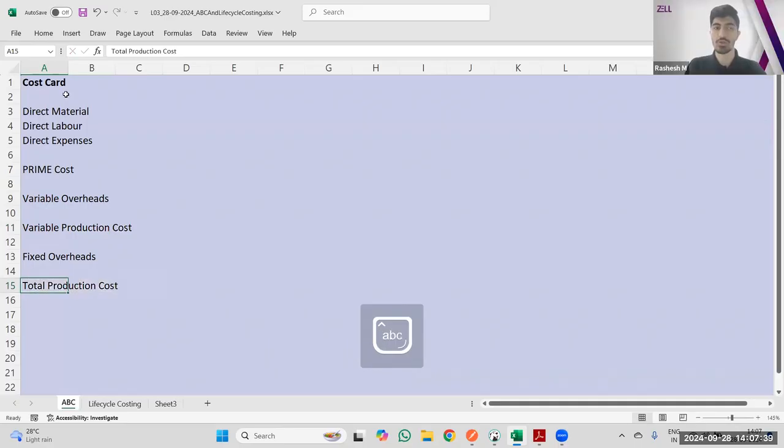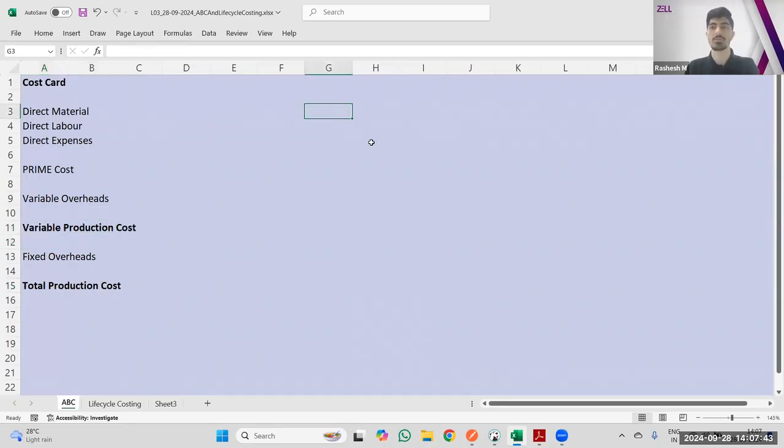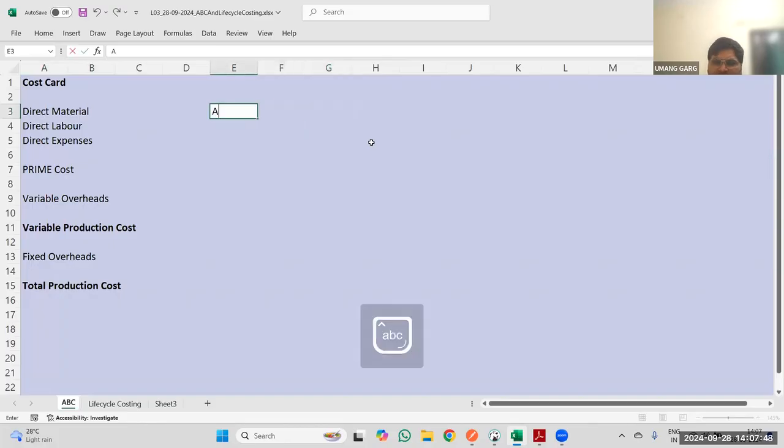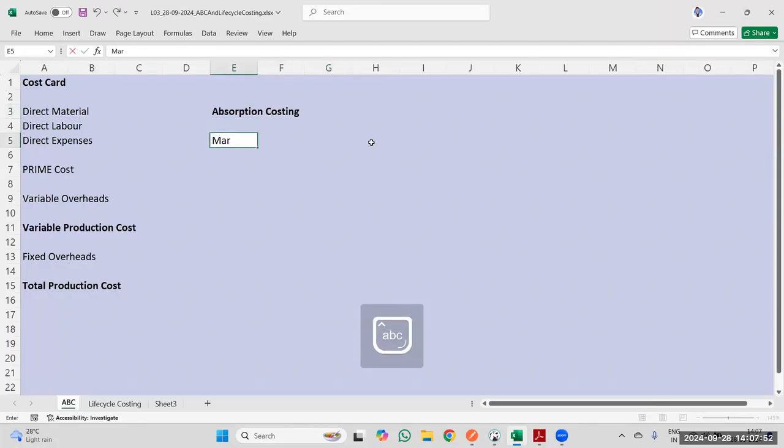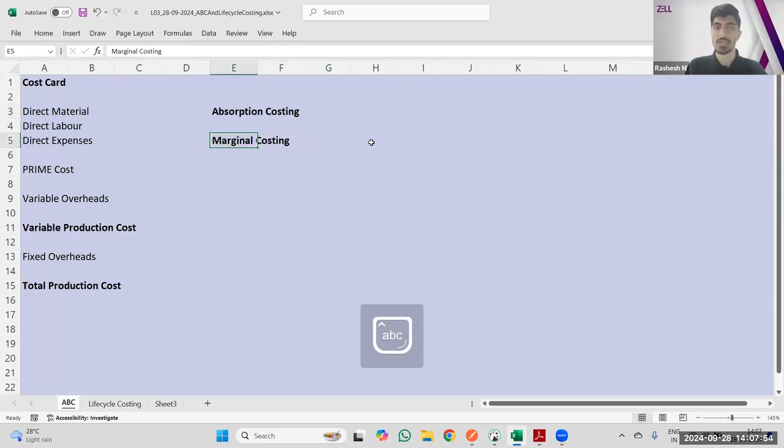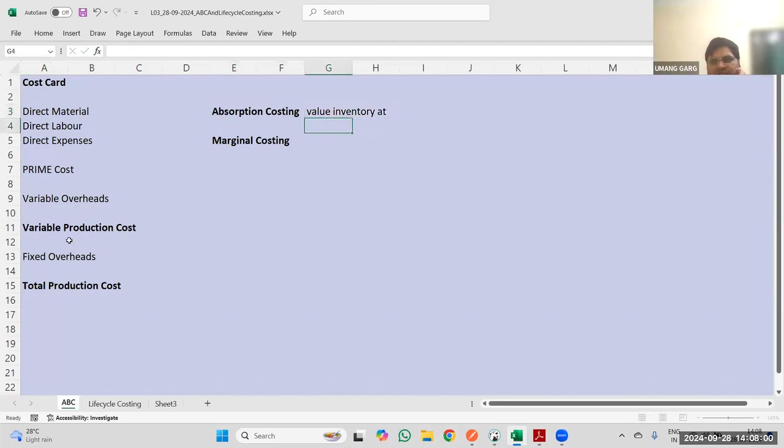And the two methods that we have discussed, what are the two methods of costing? Absorption and marginal. So we discussed absorption costing and we discussed marginal costing. Absorption costing values inventory at which of the two? Total production cost.